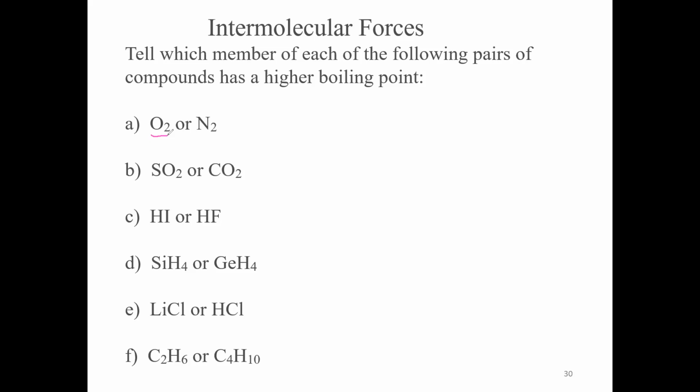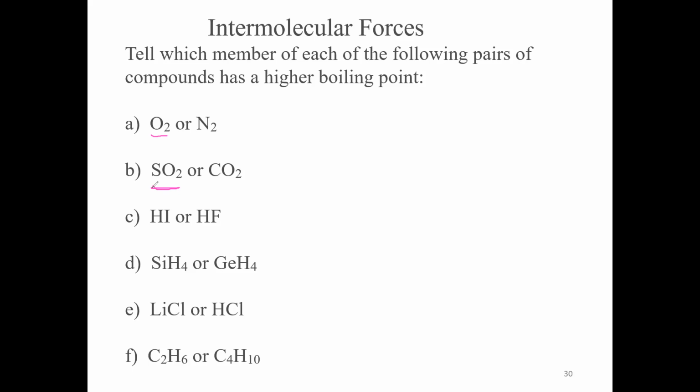And then with B, we've got two substances that look very similar, sulfur dioxide, carbon dioxide. But what we'll see is sulfur dioxide is going to have a much higher boiling point for a couple reasons. If we didn't get the Lewis structure correct, we may think both of these molecules, excuse me, are linear.